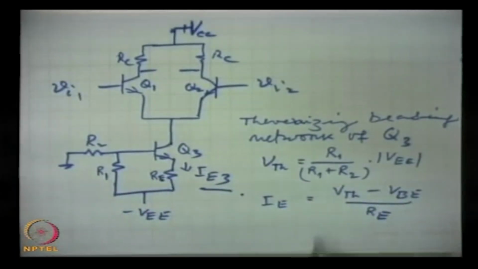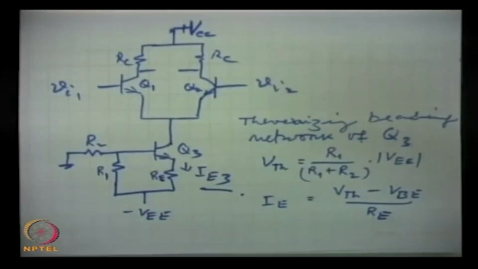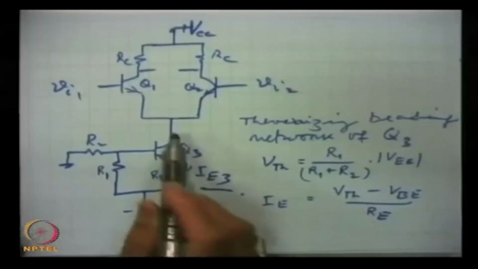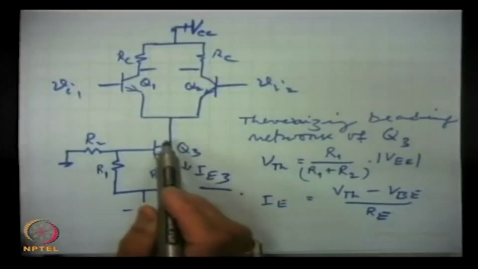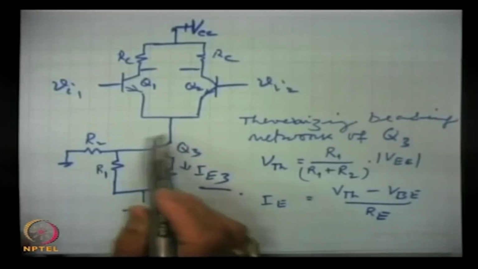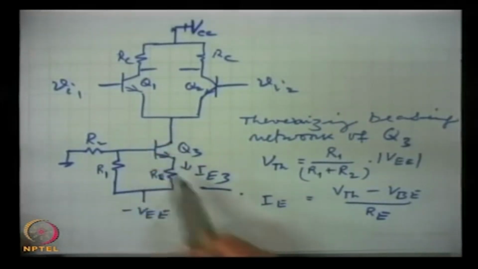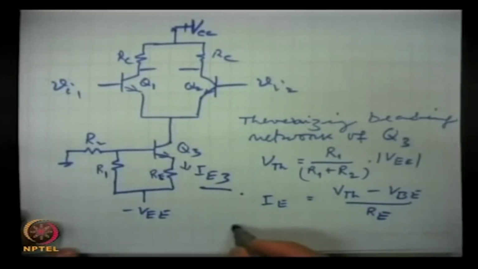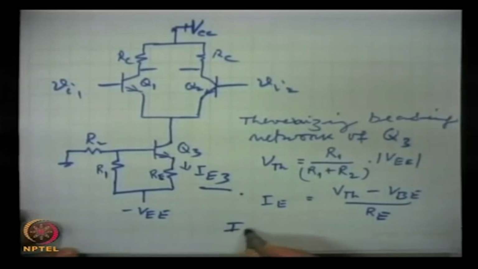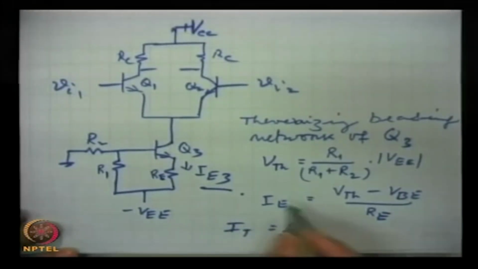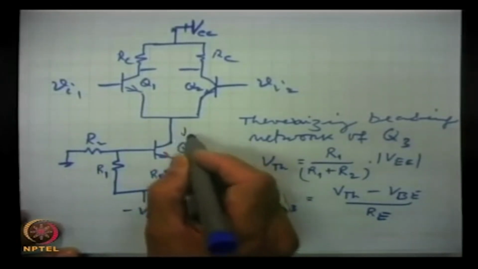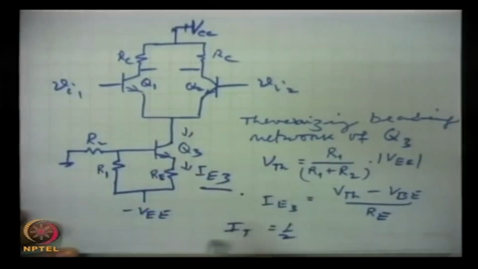So, this is the emitter current, and this will be much more constant than the earlier one, which was the current flowing through the resistance R e with battery V E E. And so, the tail current I t is half of I e 3, that is this current and this current.